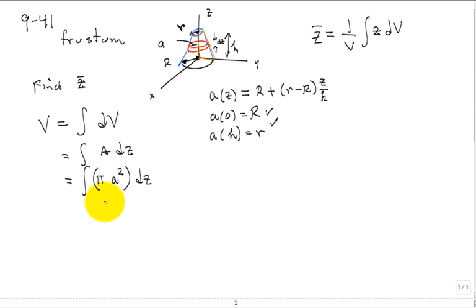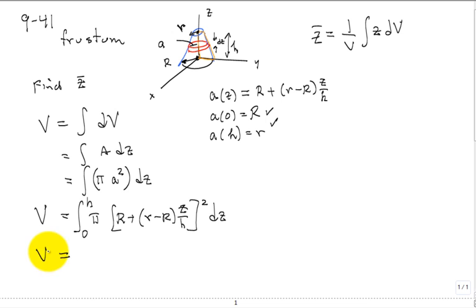Okay, now I just have the integral of pi times a, which is R plus (lowercase r minus cap R) z divided by h, all of that squared, dz, and I'm going to integrate where z goes from the lowest, at the origin, 0, to the highest, which is h. This volume is 1/3 pi times h times (r squared plus r cap R plus cap R squared).